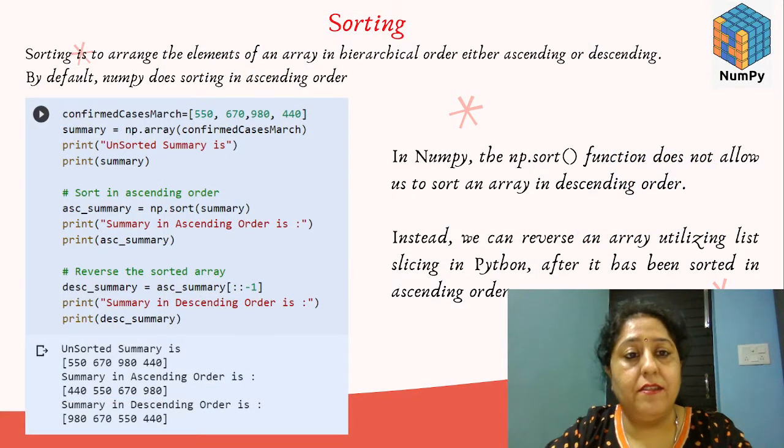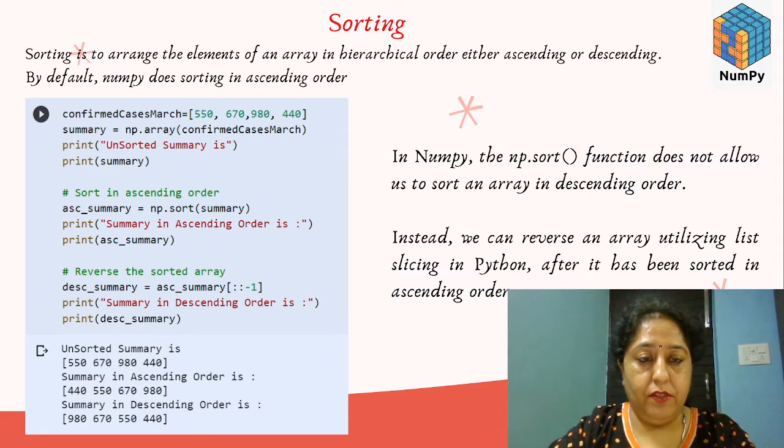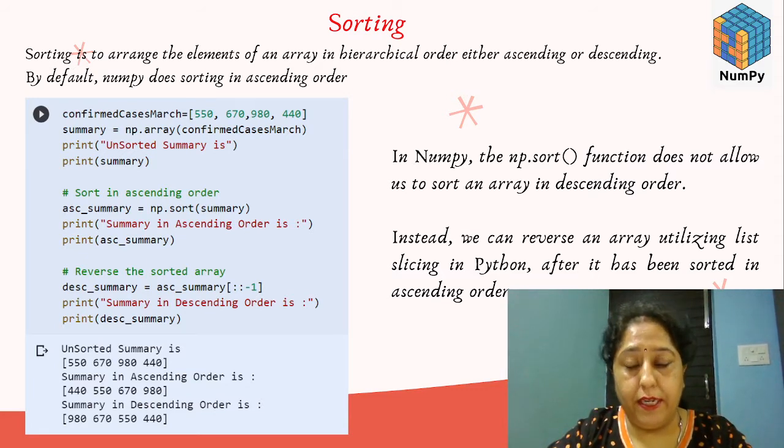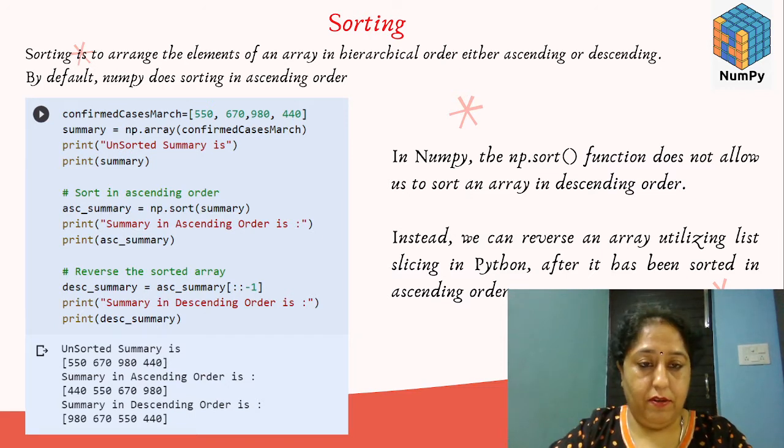First in this is sorting. Sorting is to arrange the elements of an array in hierarchical order, either ascending or descending. By default, NumPy does sorting in the ascending order. For this, you will call the sort function.